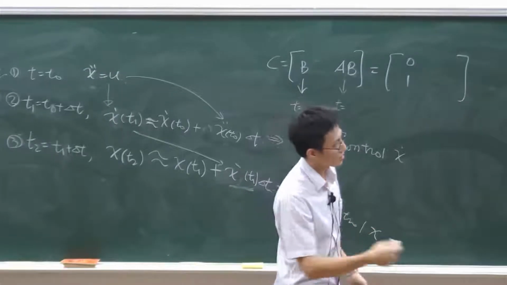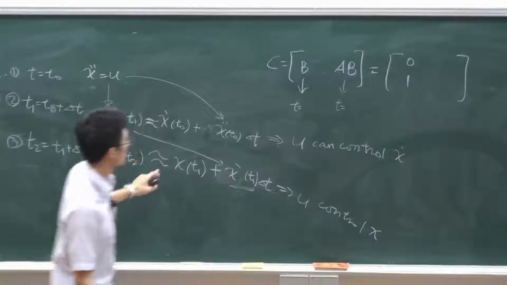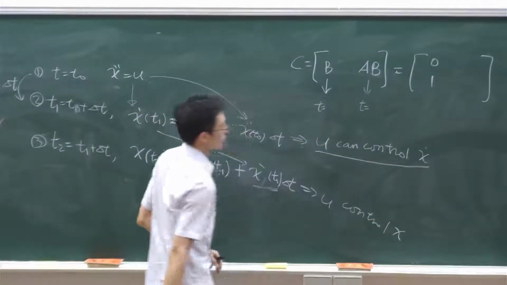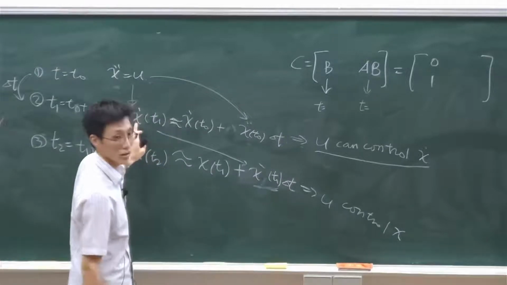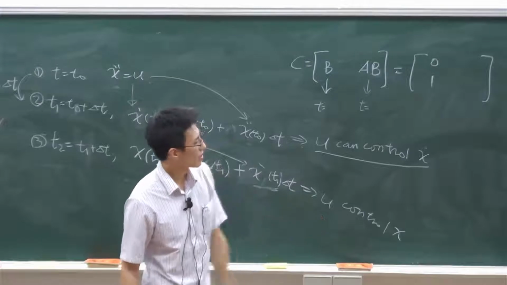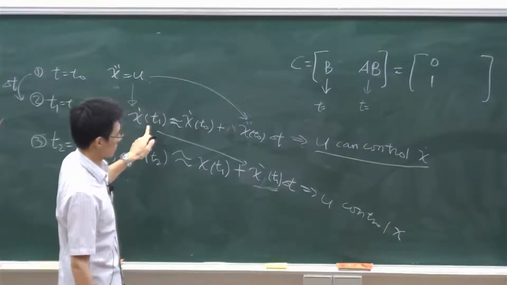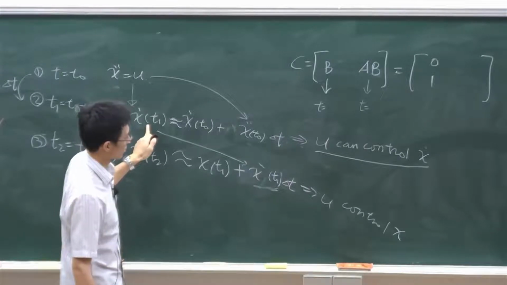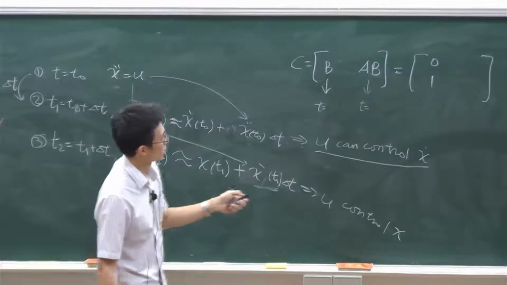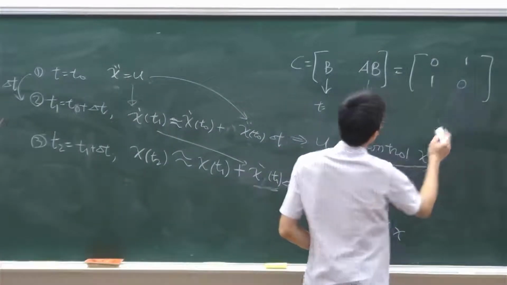But as t goes to the next step, you can control x dot, and x dot is the second element, right? So in the next time step, this state, which is controlled by the control, can affect the first element here. So it becomes 1, 0.